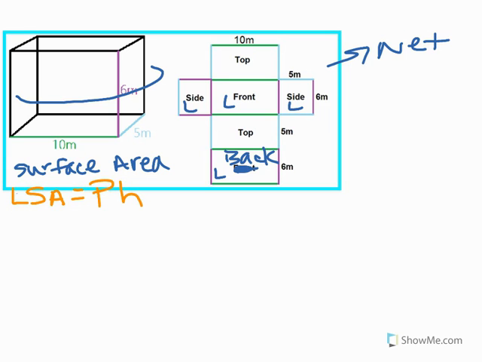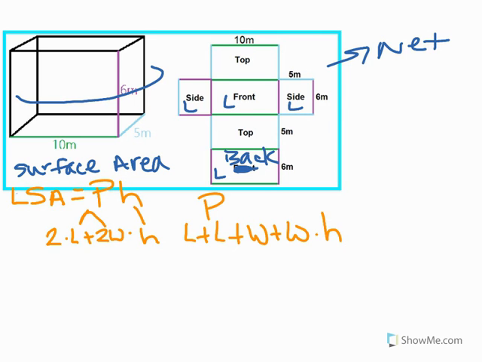Okay, so the lateral surface area is the perimeter of the base times the height. If I have a rectangular prism, remember that the perimeter is just 2 times the length plus 2 times the width, times the height. Another way to say that is length plus width times the height.